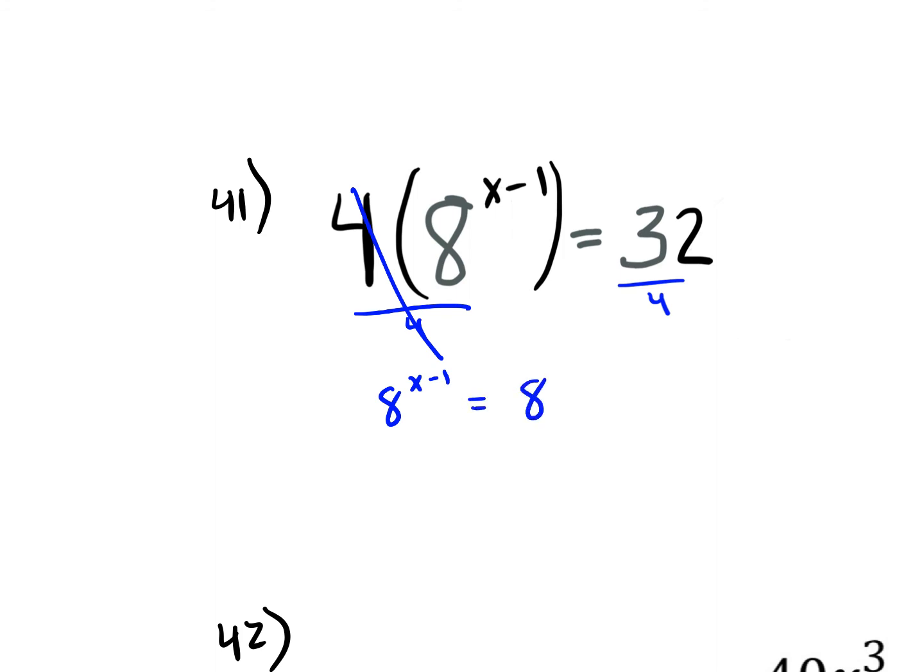Now what can I do? I can take log base 8 of both sides. That works. So this would be x minus 1 is equal to, what's log base 8 of 8? 1. Perfect. And then we just add 1 to both sides, so x is equal to 2.